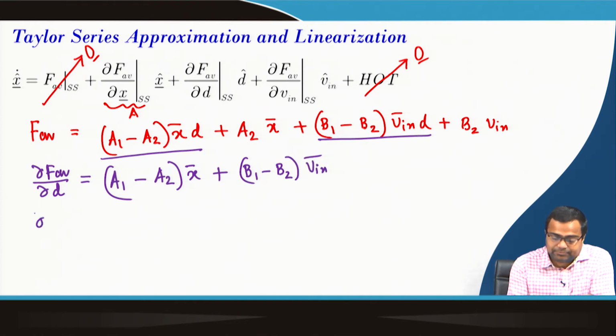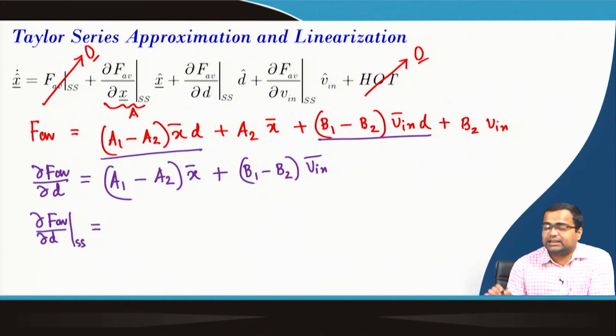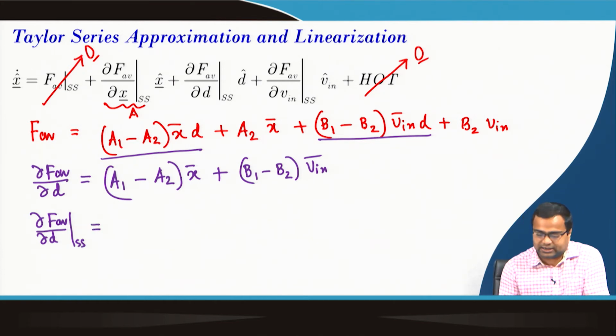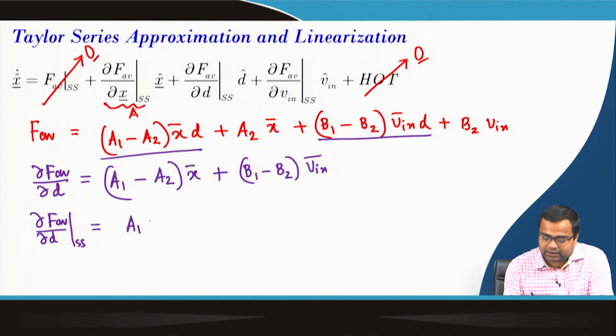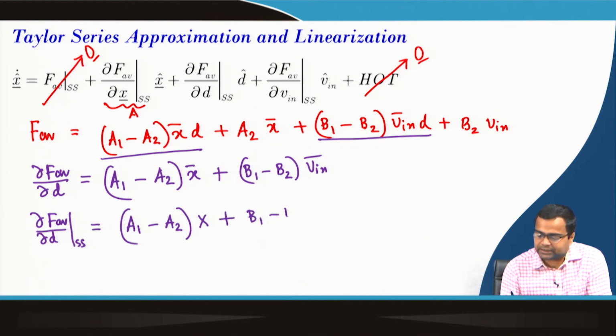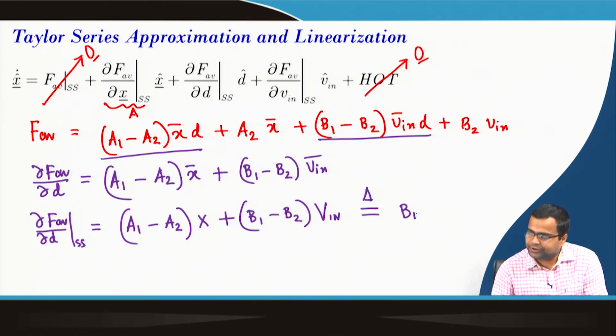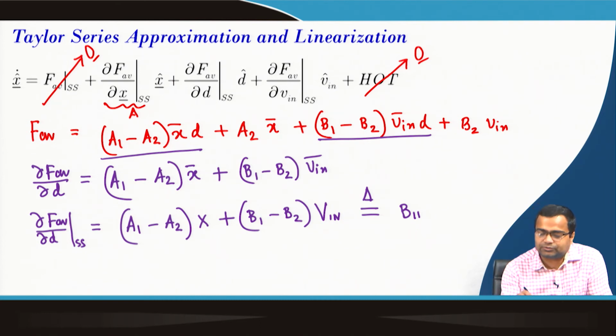That means, if we take the steady state value of d under steady state, the states and the input voltage will be replaced by their steady state quantity. So, you will find (A1 minus A2) into capital X plus (B1 minus B2) into capital Vin, and this quantity we denote as B11.